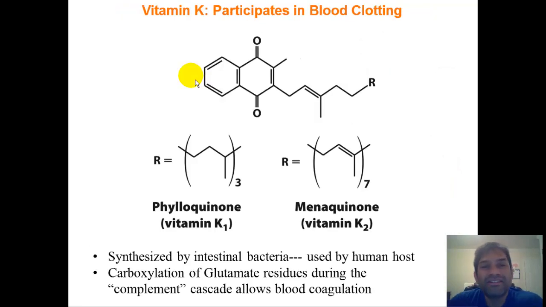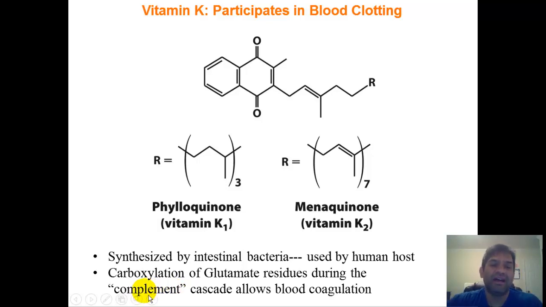And here's an interesting lipid, vitamin K, under the subcategory of vitamins. Vitamin K is something that we do not produce. We get it through our gut microbiota, or the gut flora. Vitamin K is involved in blood coagulation, the clotting cascade, allowing blood to coagulate so that we don't bleed.